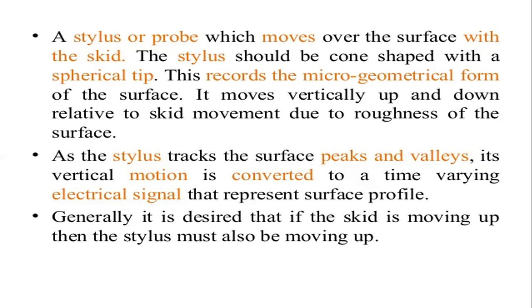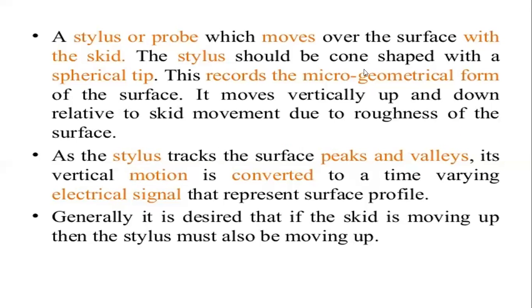These kinds of errors are called microgeometrical forms. Whenever it comes to macrogeometrical forms, it is of a big wave, so these big waves form the macrogeometrical error. But in the microgeometrical error, the waves are only of small size.